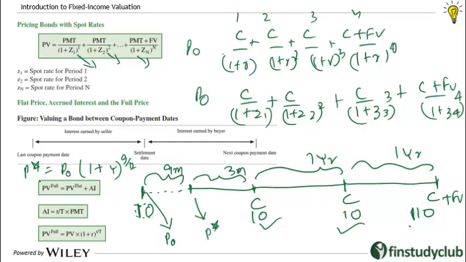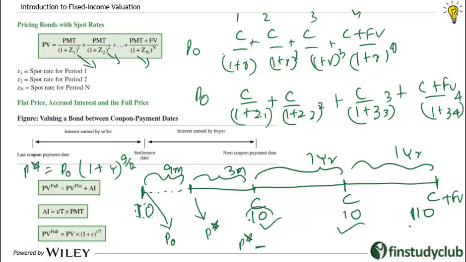Having arrived at the full price, how do I arrive at the clean price or the flat price? Well, my flat price is equal to my full price, which is P star, minus the accrued interest. Accrued interest is a portion of the coupon which has already accrued but has not been paid.